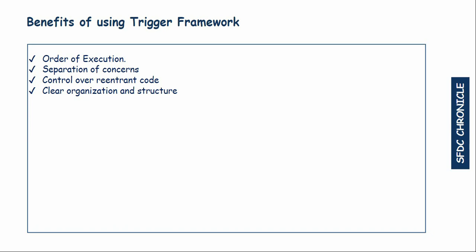This framework also handles recursion and reentrant code safely, so you don't end up firing the same logic again and again, repeatedly. And all of these benefits lead to better structure and organization in your Apex code base.